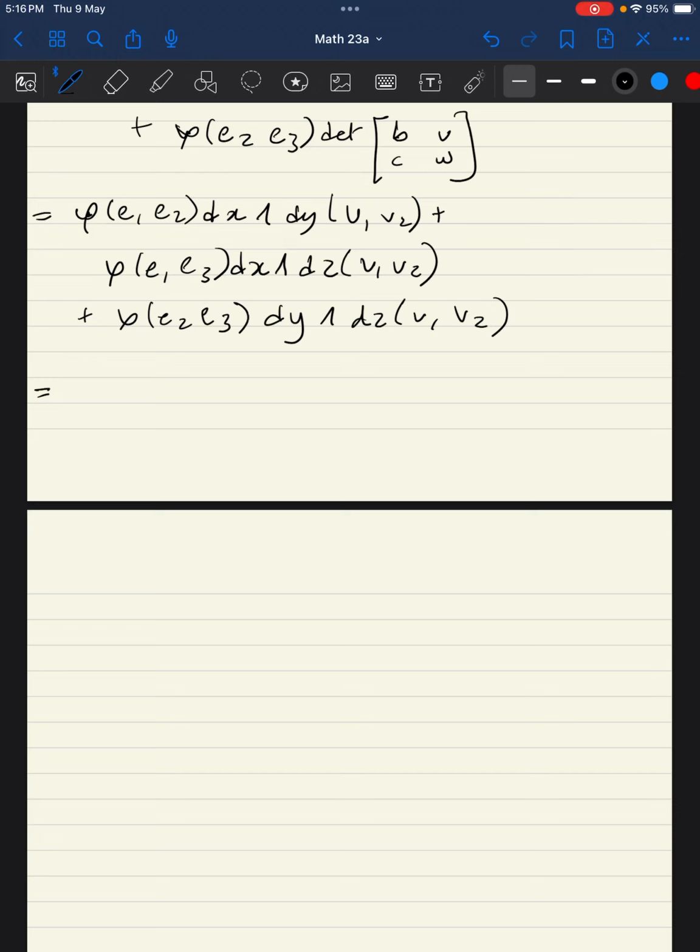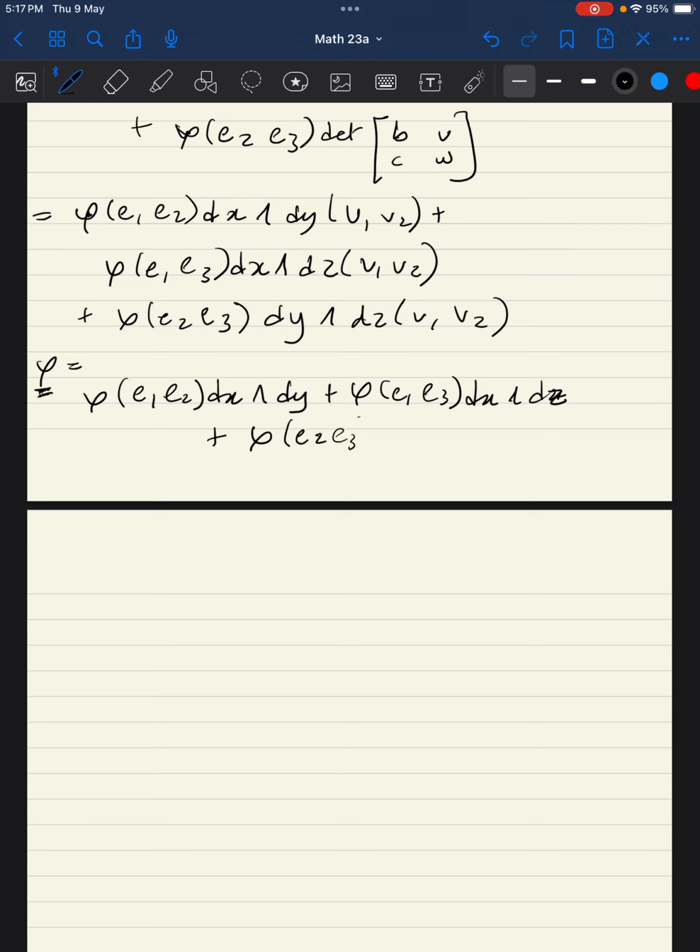It should be in terms of the basis vectors and the basis two forms. So the general form then would be phi is equal to phi of E1, E2 dx dy plus phi of E1, E3 dx dz plus phi of E2, E3 dy dz.